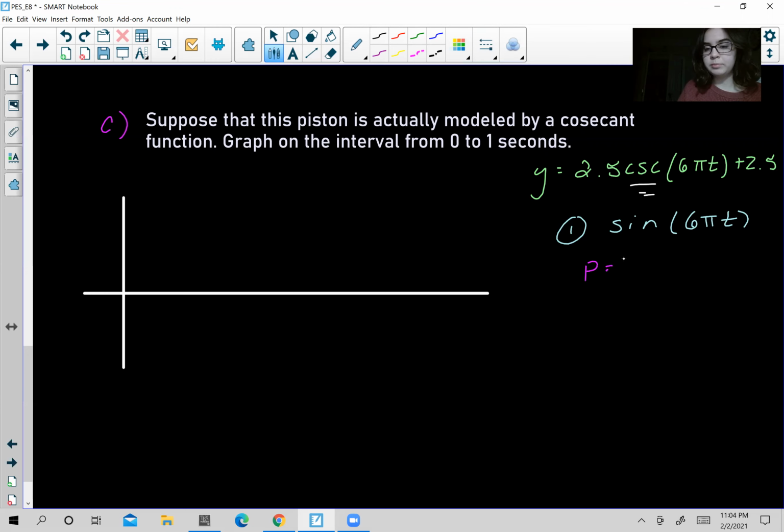So the period is 1/3, and we're graphing from 0 to 1 seconds. So we want to think about how many full cycles we are going to have in that interval. We just multiply by 3, get 3 over 3, which is 1.